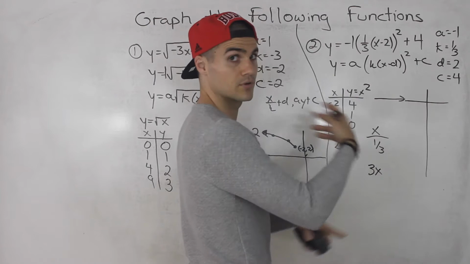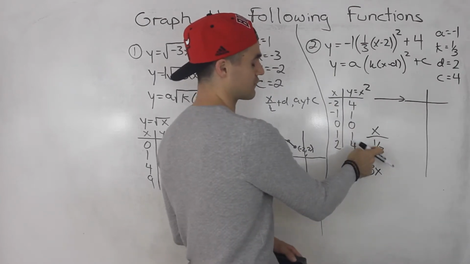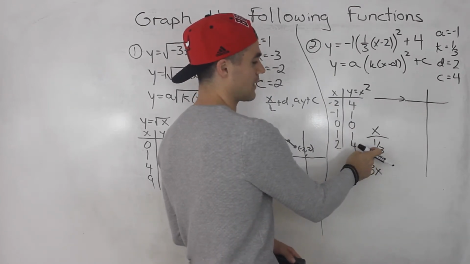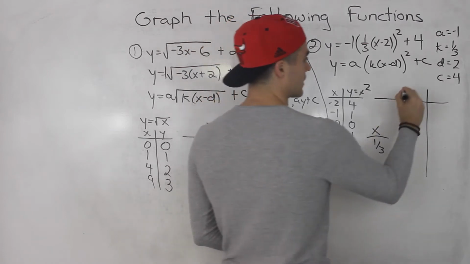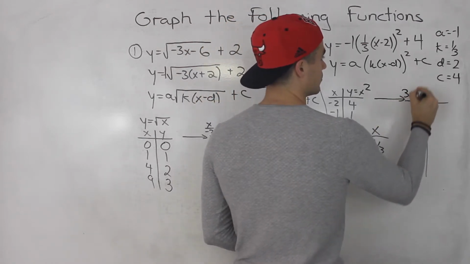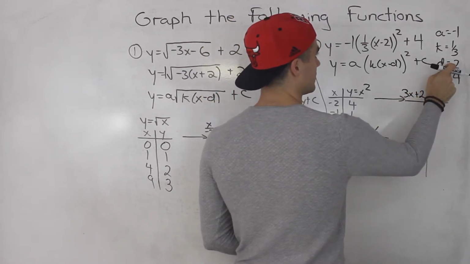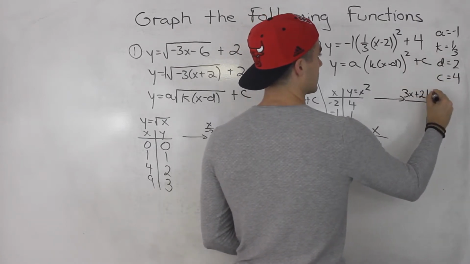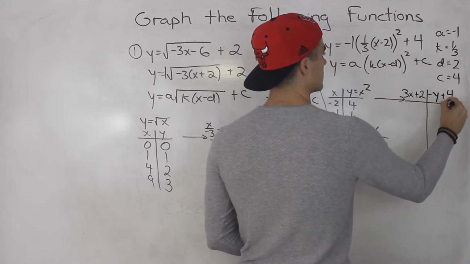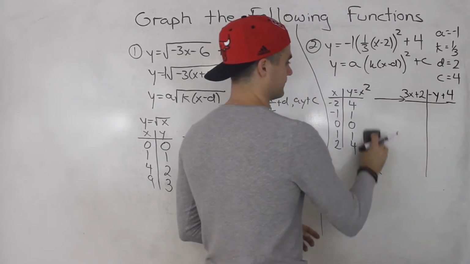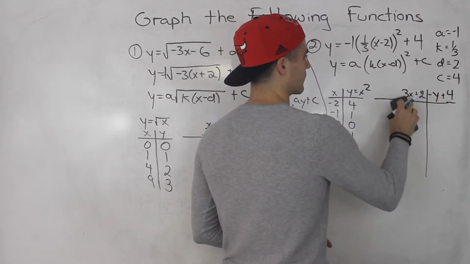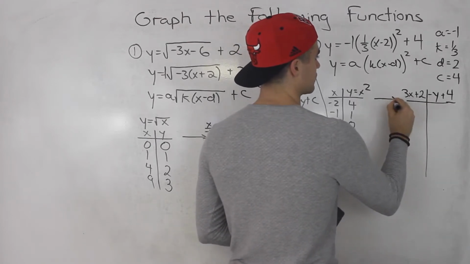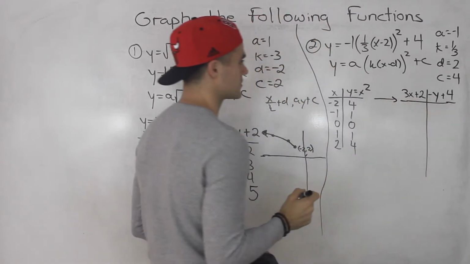We just flip the fraction that we are dividing by, and multiply. So we'll have 3x plus 2, that d value, and then a is negative 1, so we'd have negative y plus 4. That's the formula we're going to be using to transform all these points.